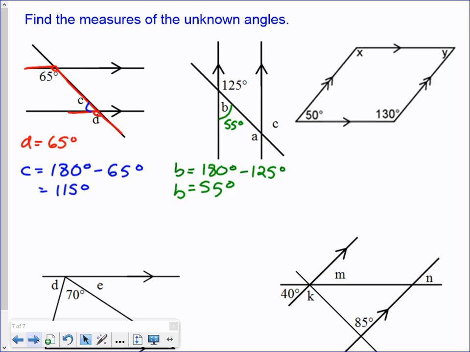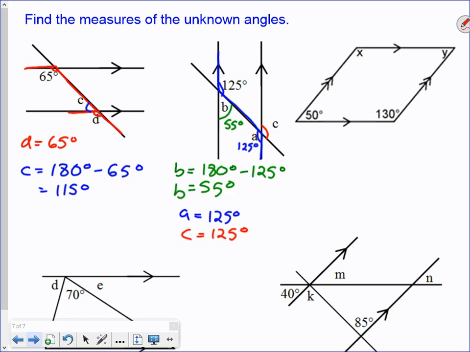Now I could see that I might draw a Z pattern like this, which tells me that this angle and this angle are equal to each other. So angle A is going to be 125 degrees. I could add that to my diagram as well. And now I can see that A and C are opposite angles at that intersection. So C is also going to be 125 degrees.